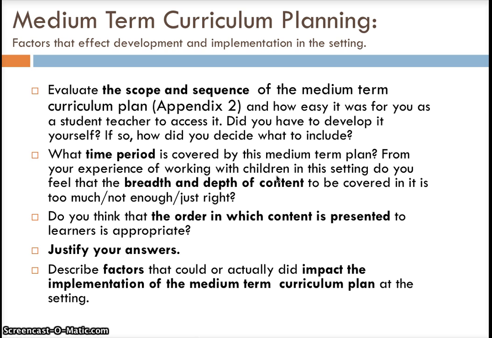And then in terms of implementing that medium-term plan, or the plans that you had for the 4 weeks, your idea of what you would cover in the 4 weeks, did you actually manage to do that? What were the factors that could have or actually did impact your implementation of this medium-term curriculum plan at the setting?